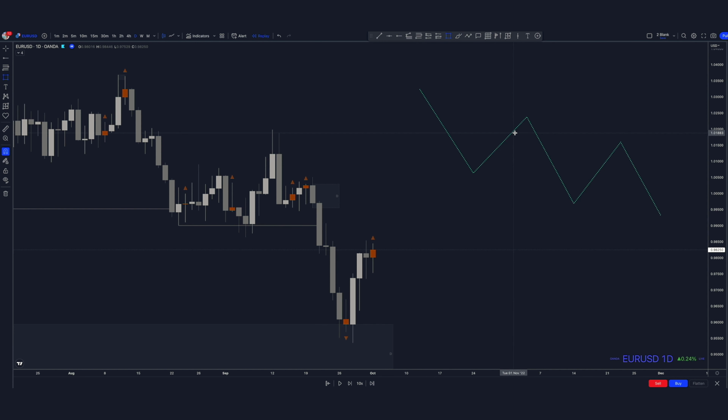So if you were to mark a zone here, you wouldn't leave the highest area here without covering it, because you know there was a push, a pullback after we had a break of this low here. So that was our most recent high.